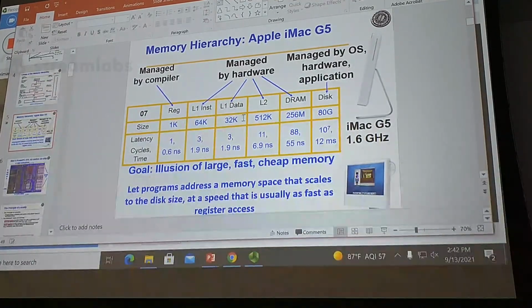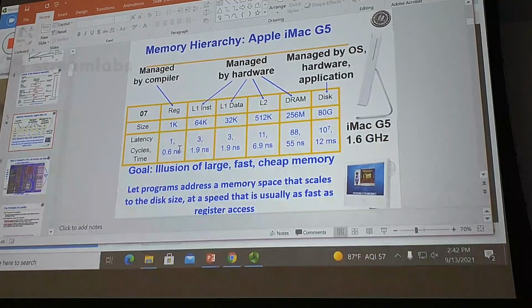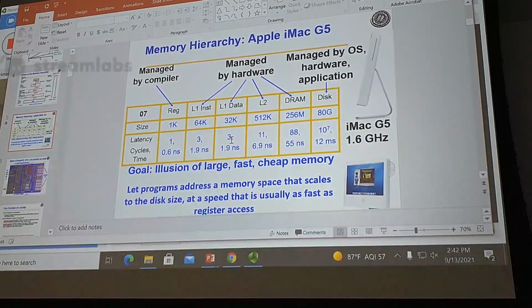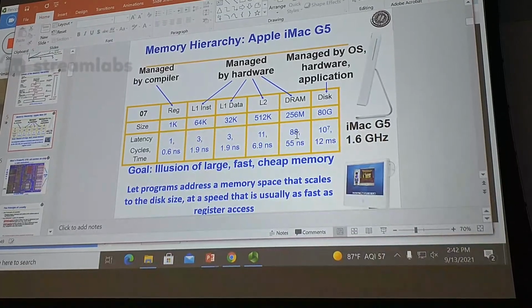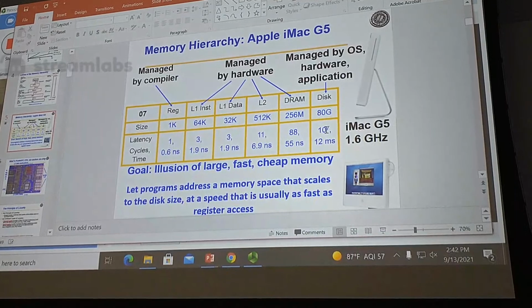You can see the size is steadily increasing, and the access time is steadily increasing too. Registers take only one clock cycle, L1 caches 3 clock cycles, L2 cache 11, and DRAM 80 clock cycles. Hard disk is 10 to the power 7.